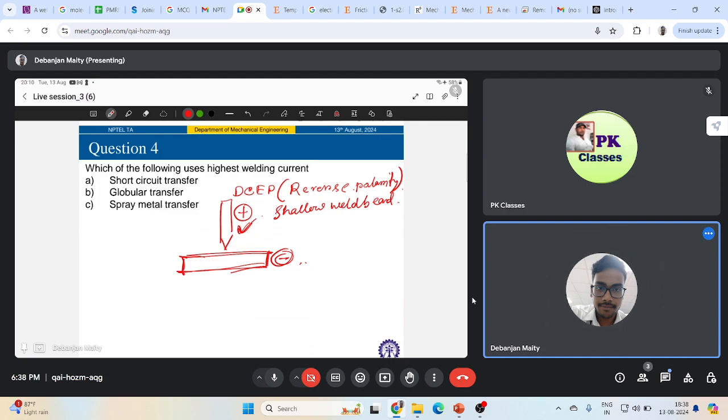Furthermore, as I was saying, a water cooled electrode must be used in order to prevent the electrode tip from melting. So a water cooled electrode must be used.